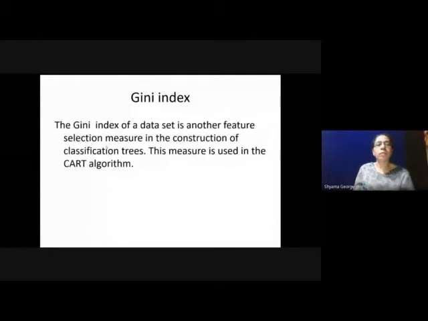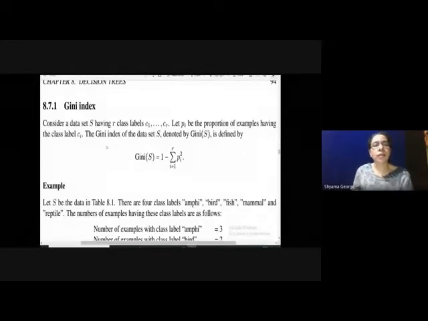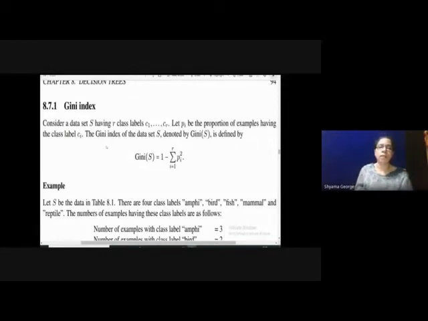So the formula for Gini index is, if you are having a data set S, and if there are R class labels, C1, C2, up to CR, then Pi is the probability, or the proportion of examples having class label Ci. So the formula for Gini index is 1 minus sigma i equal to 1 to R Pi the whole square.